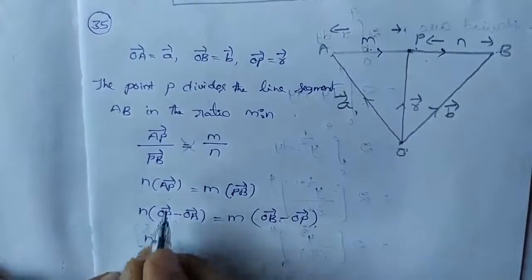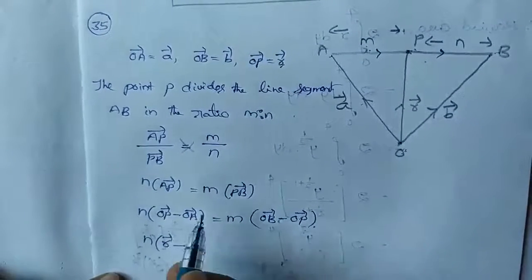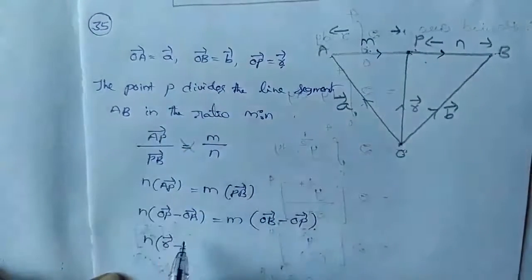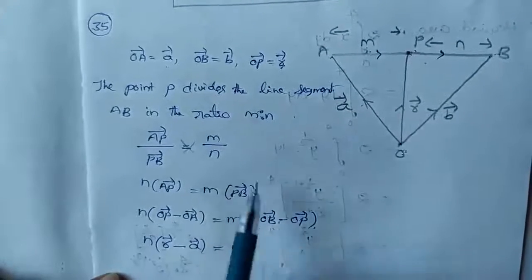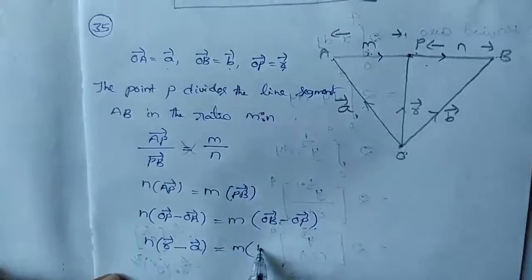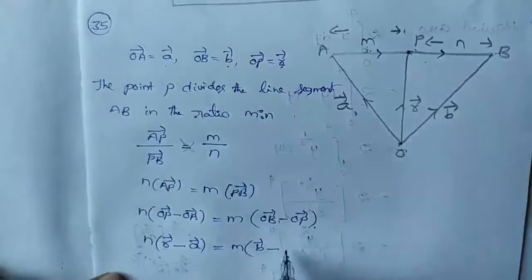So n into (OP vector, which is R vector, minus OA vector, which is A vector) equals m into (OB vector, which is B vector, minus OP vector, which is R vector).